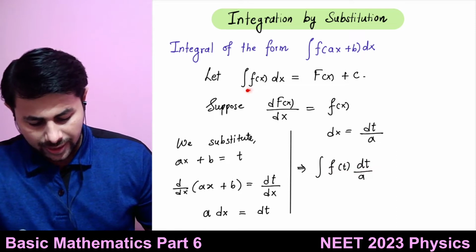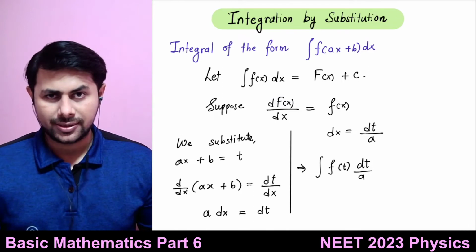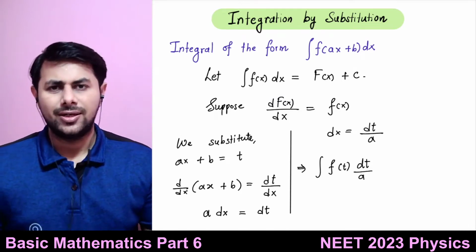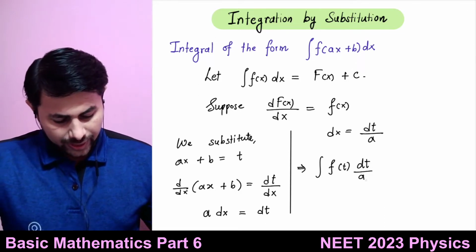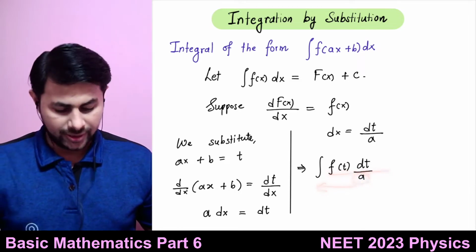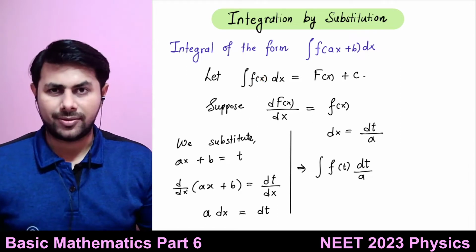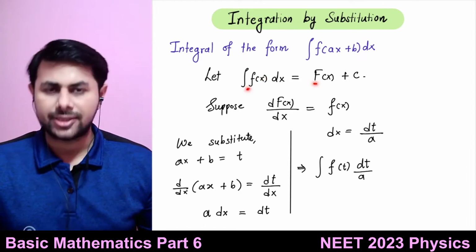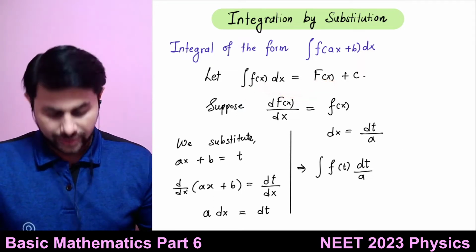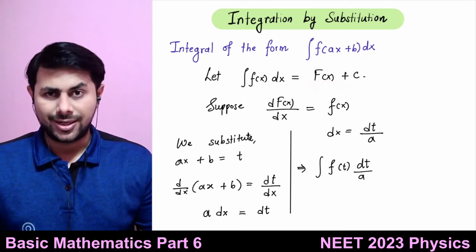Integration of f of x dx is capital F of x plus some constant, because this is an indefinite integral. Now I will take this a outside, it is just the integral of f of t dt. It doesn't matter whether we have x here or some other variable. The relation between these two functions is that if you take the derivative of the capital F, you will get the small f. So if you integrate the small f, you will get back the capital F.